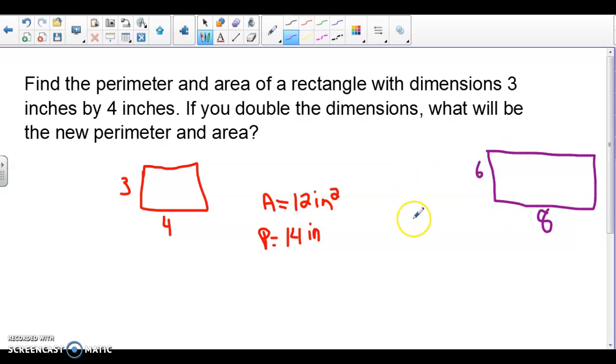Now, the first thing we'll find is the area. So the area of my new purple rectangle here would be 48 inches squared. And the perimeter, if I added all the sides together, 6 plus 6 would be 12, 12 plus 8 is 20, 20 plus 8 is 28. So 28 inches.